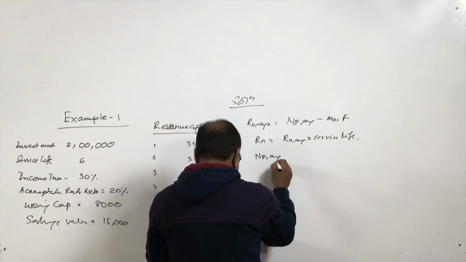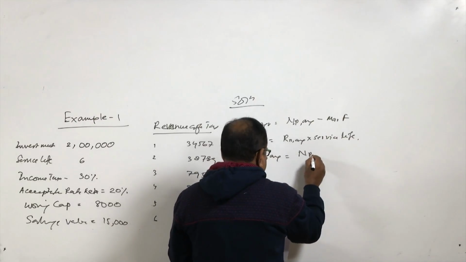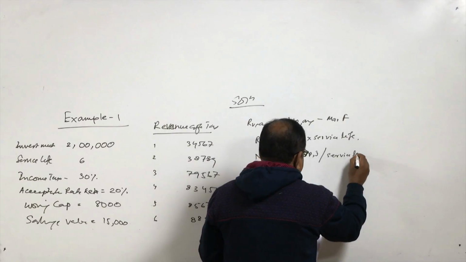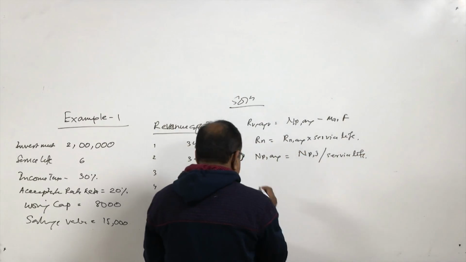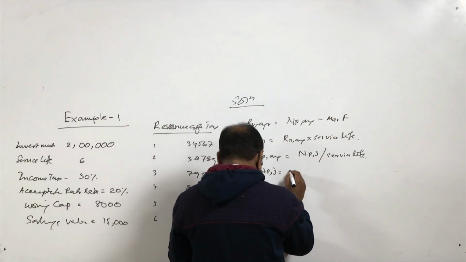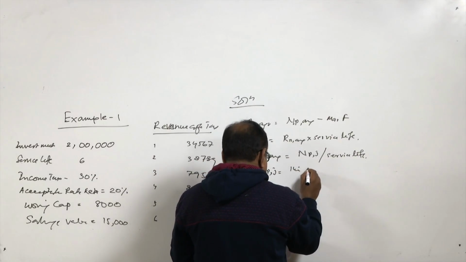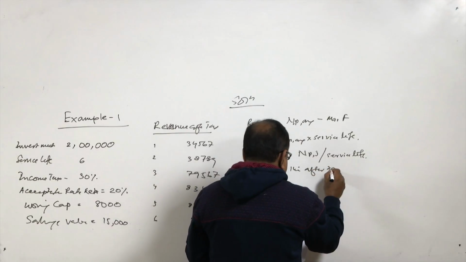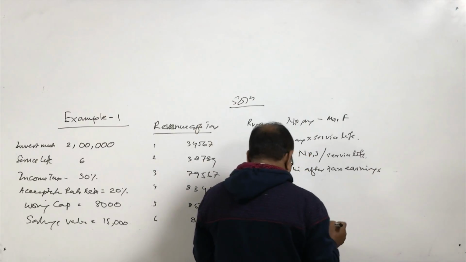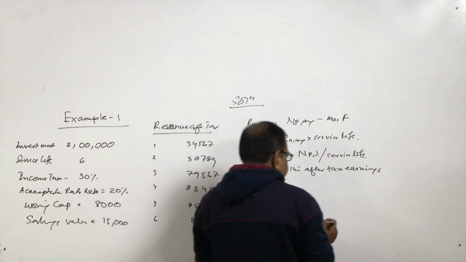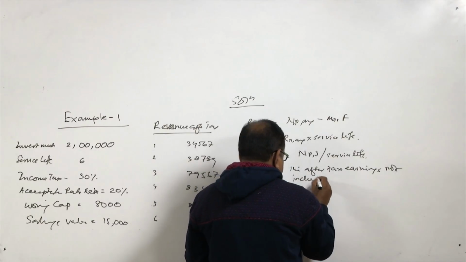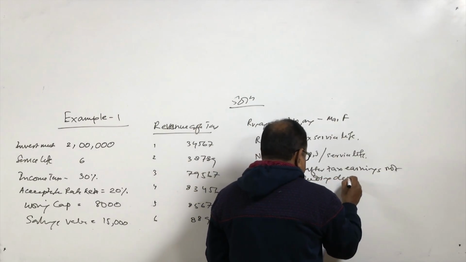NP average is equal to summation NPj divided by service life. NPj is equal to the after tax earnings, not including depreciation.